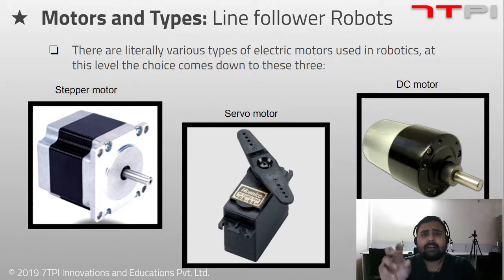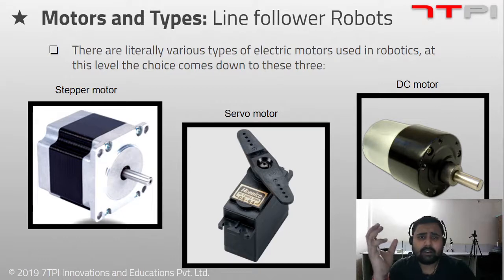Now if we require only a hand movement, we have all seen a robotic arm, and in the examples of applications I've also shown you the automobile industry, where there were robotic arms which required a particular degree of movement, right? So for that we can use a stepper motor or a servo motor. So different kinds of motors are involved for different purposes.